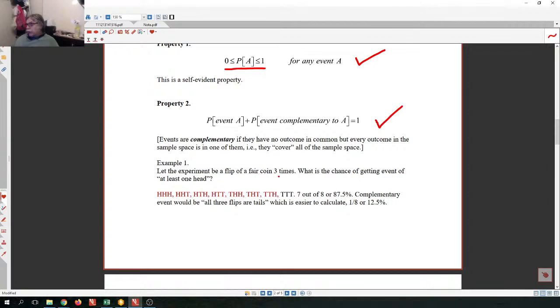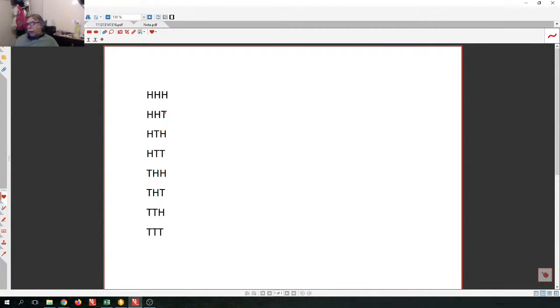If I flip the coin 3 times, these are the outcomes I'm going to get. HHH, a roll of 3 heads, then you get HHT, HTH, HTT, THH, THT, TTH, TTT. So you wonder, how did you list them all? Well, it's actually easy. The first toss, you either get head or tail.